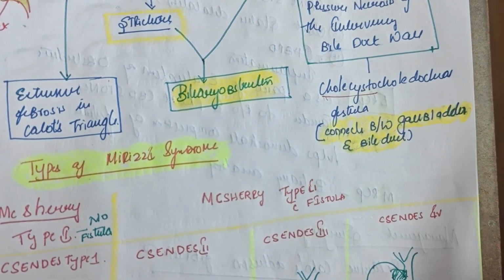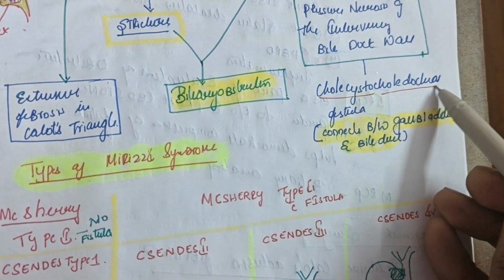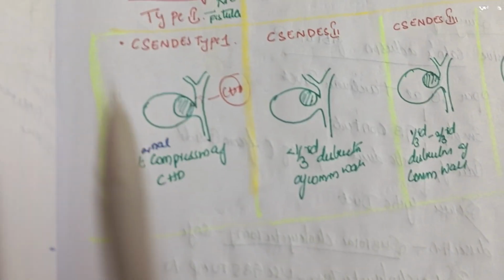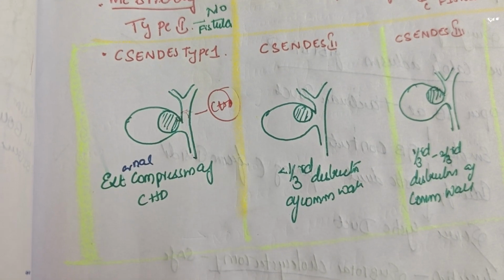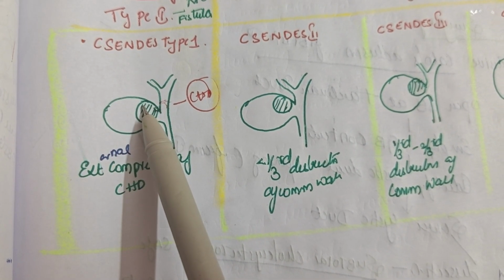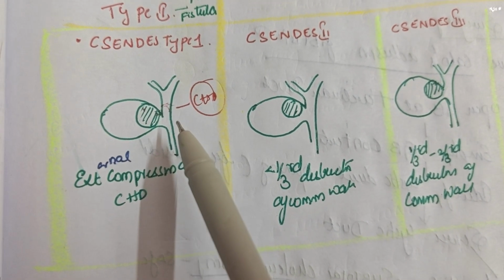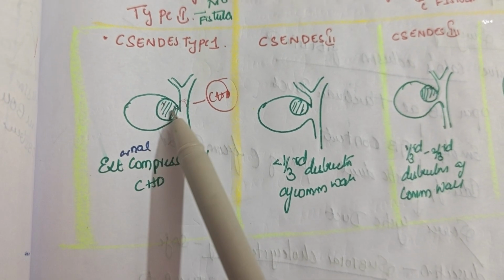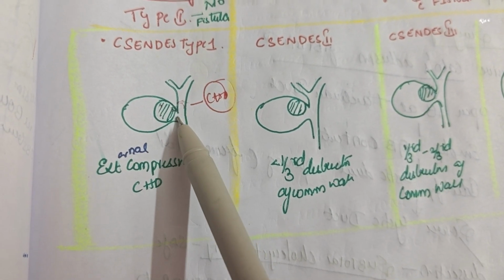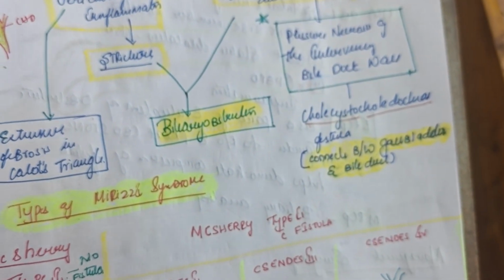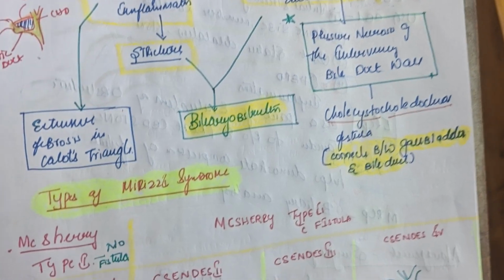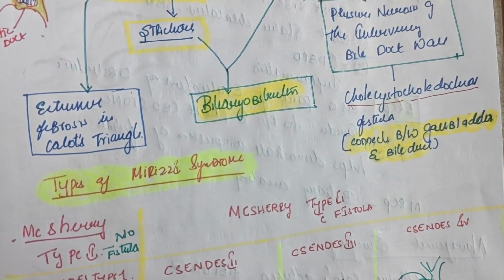Cholecysto is the gallbladder. Choledocho is the bile duct. Now there is a fistula. You can observe here, between the gallbladder and the bile duct, this is the common bile duct. So there is a fistula between the gallbladder and the bile duct. So we call that a cholecystocholedochal fistula.